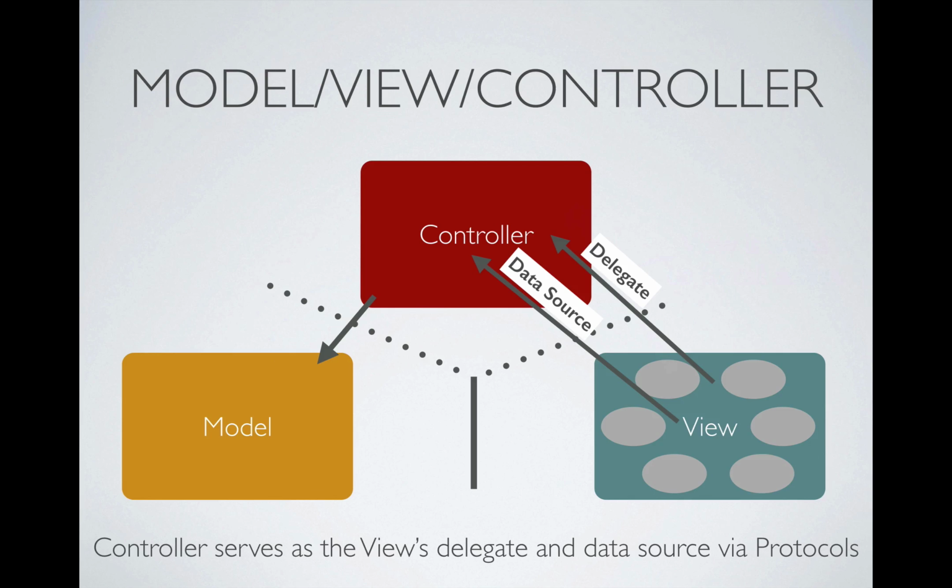One of them is data source. So if a view has to populate data, for example, if there's a table view that shows a list of items, then there will be a data source protocol defined by the table view that the table view controller will typically implement.